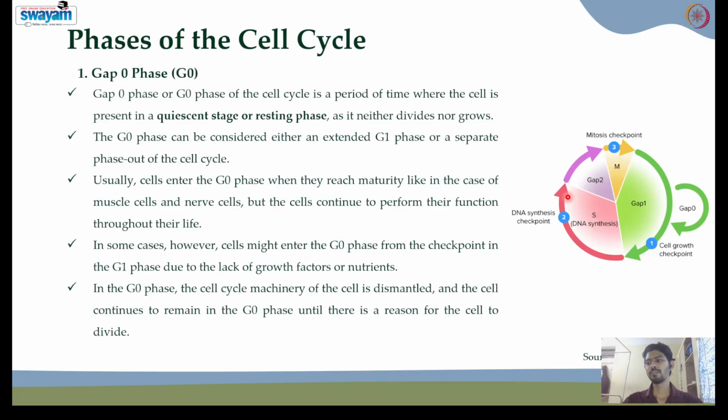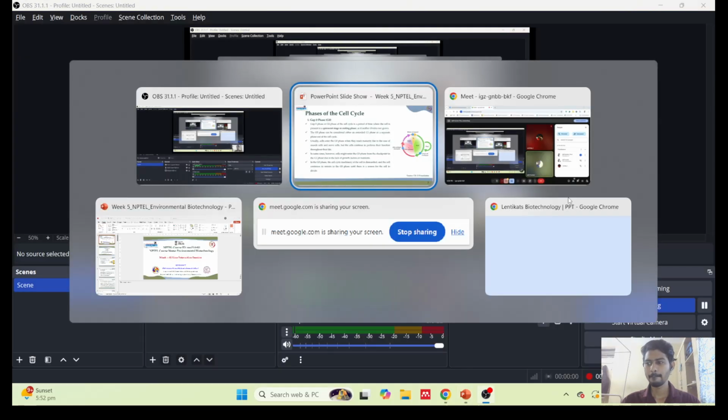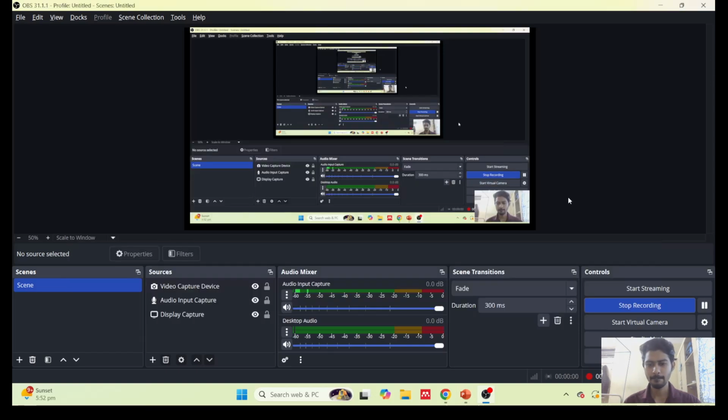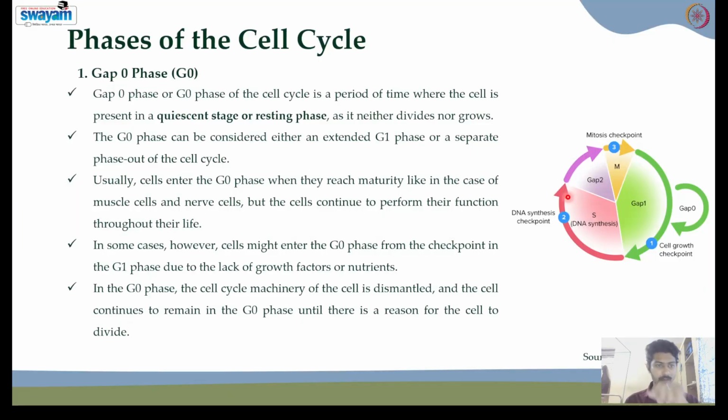So now we will move on to the phases of the cell cycle. If we see the phases, there are five phases: the G0 phase, the gap 1 phase called the G1 phase, followed by the S phase, followed by G2, and finally M, where the cell division occurs.